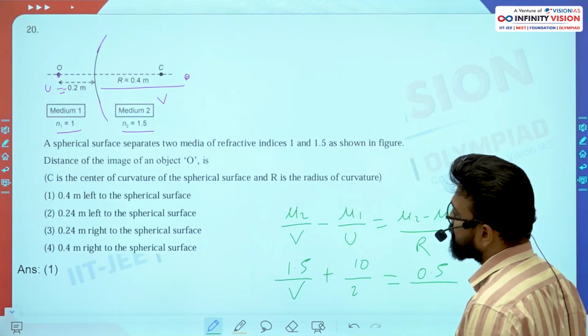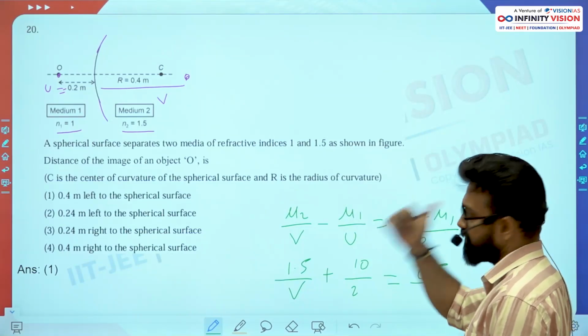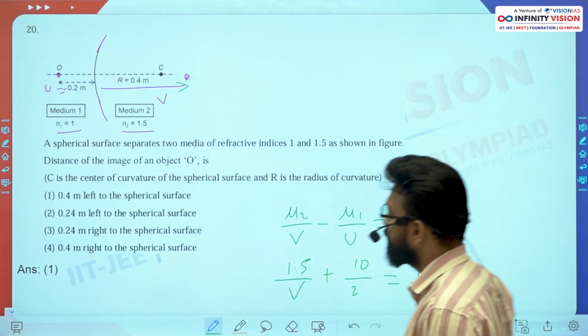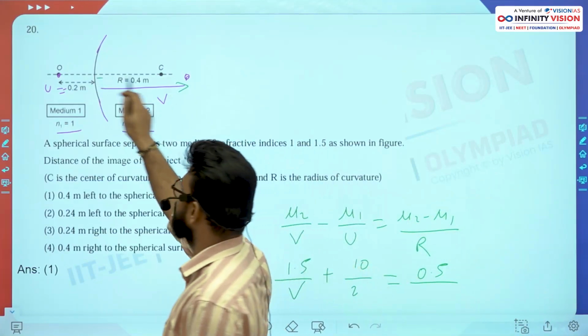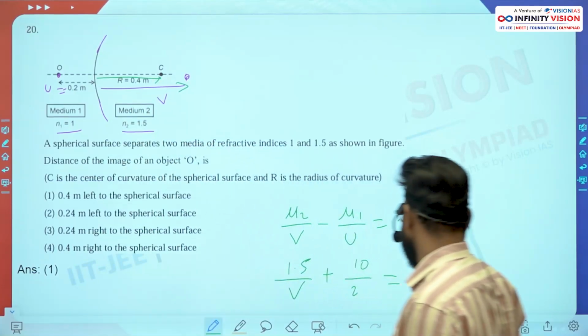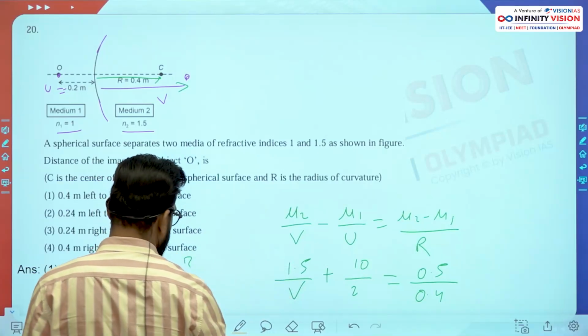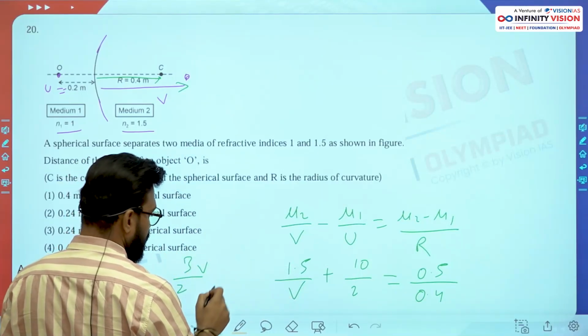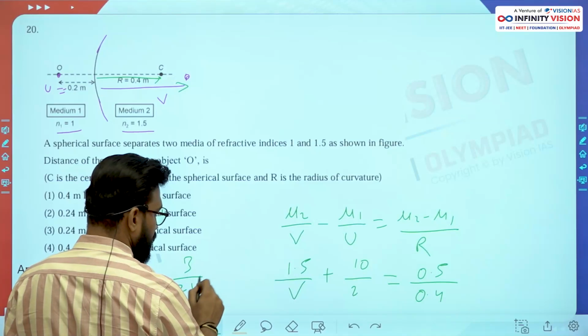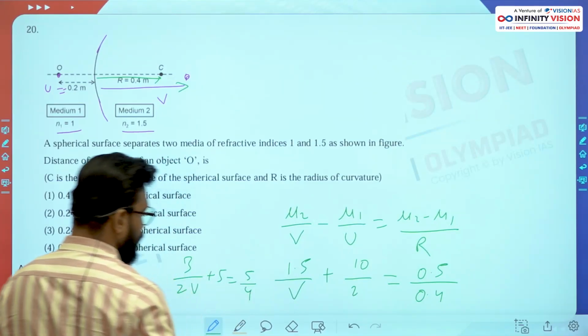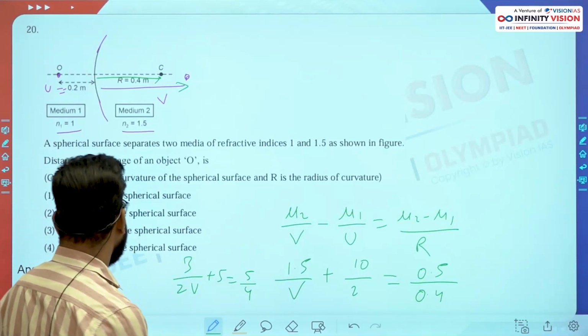And the radius of curvature is positive, since it is along the direction of light, R which is 0.4. So this could be written as 3 by 2v plus 5 is equal to 5 by 4. You can easily solve it.